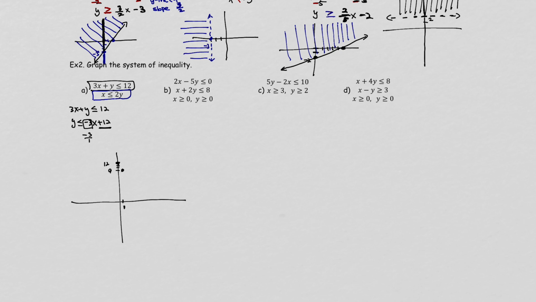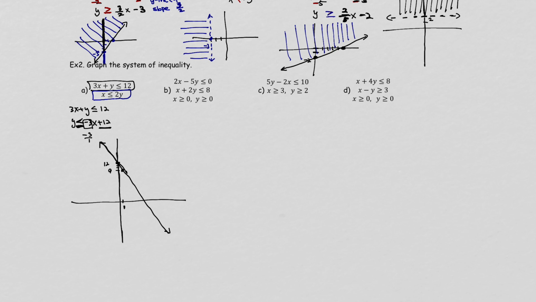And you're going to draw a solid straight line because it said less than or equal to. So this is going to be a solid straight line passing those 2 points. And the area that you wanted to find is going to be less than, so this y is less than this y.